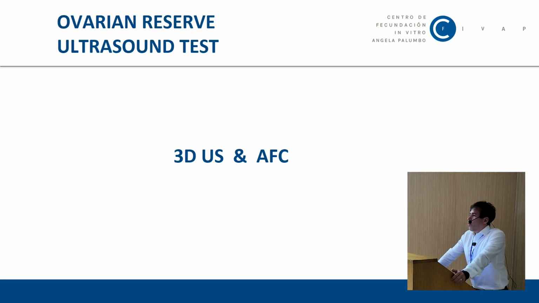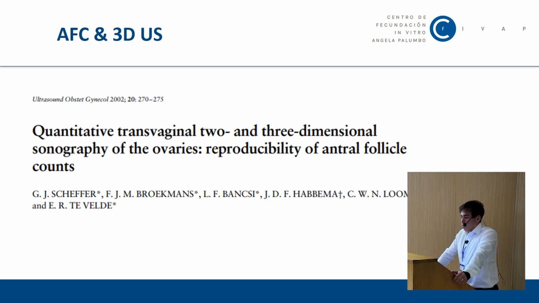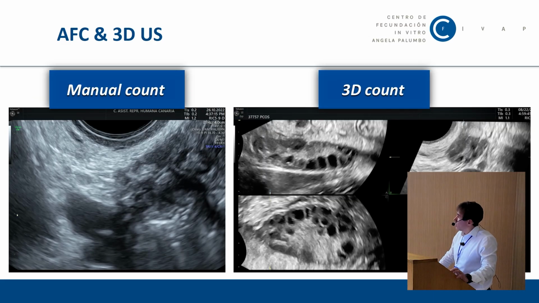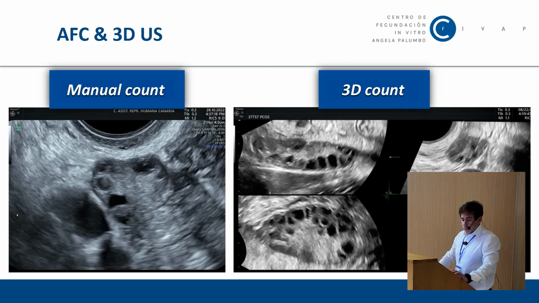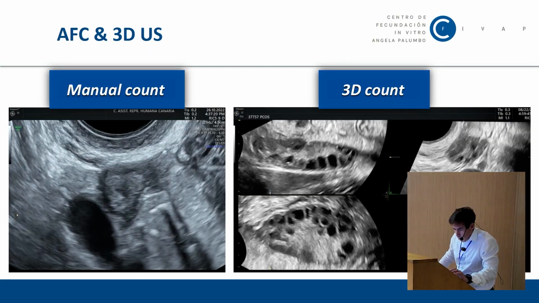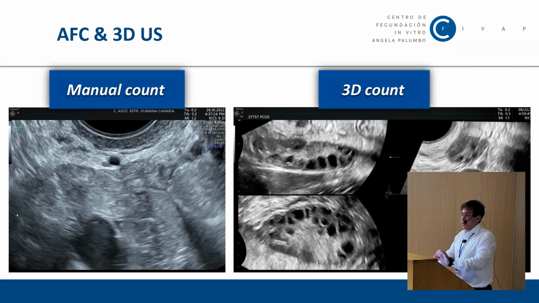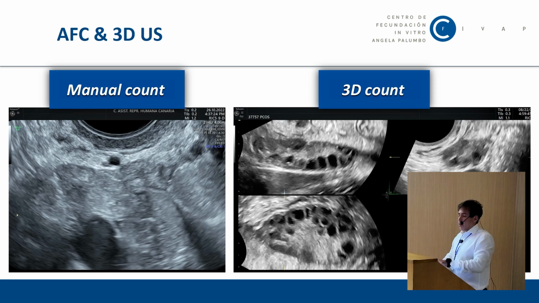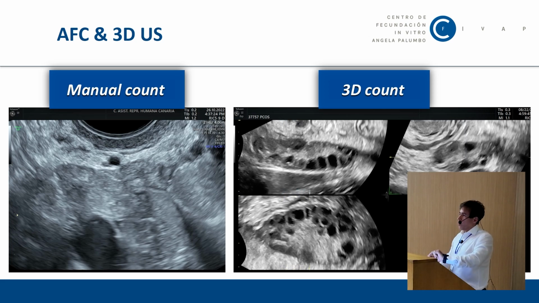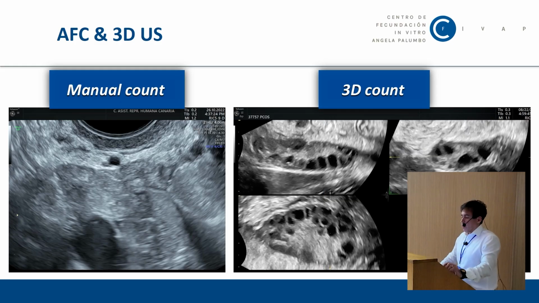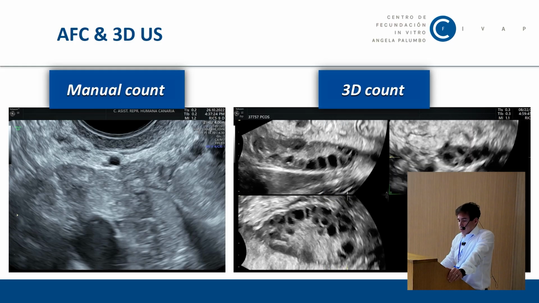And what do we know about 3D ultrasound and antral follicle count? In this study, Schaeffer in 2002 published an article where they compare manual count with 3D count, but they counted the follicles by scrolling. They did the 3D volume and then scrolled through the volume and counted the follicles, but they didn't measure the follicles.